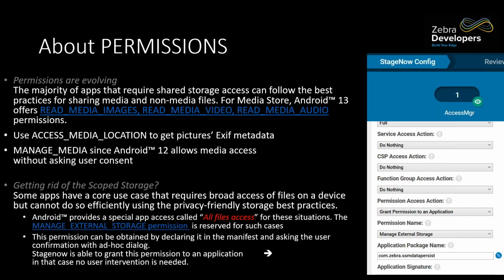The first is that you need to ask the user to expressly accept the storage permission. So the user is advised that they're granting permission to access any files on the file system.